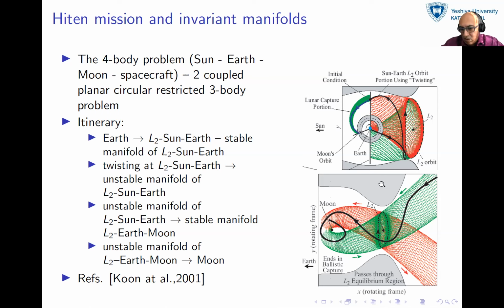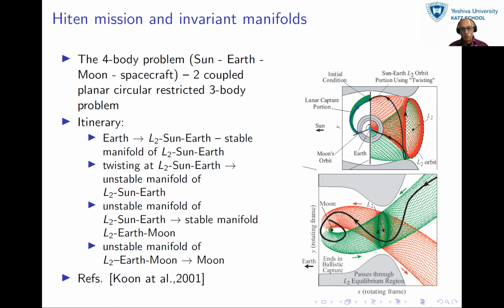So your mission took you, you started near the Earth. You went towards the Sun. You came back towards the Moon, and then you follow this trajectory, and you go very close to the Moon, and you can achieve ballistic capture in the sense that you don't have to fire the rocket to slow down the motion. So this is how you can explain this weak stability boundary concept using the invariant manifold.